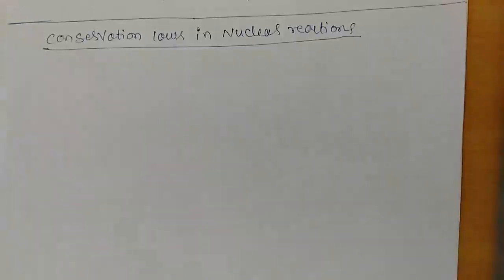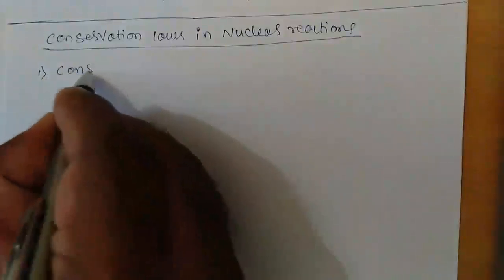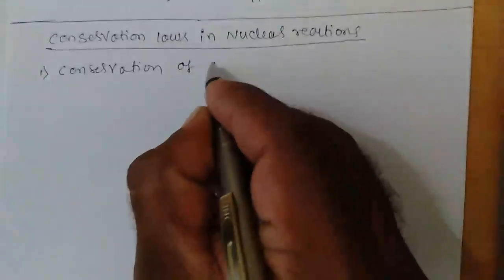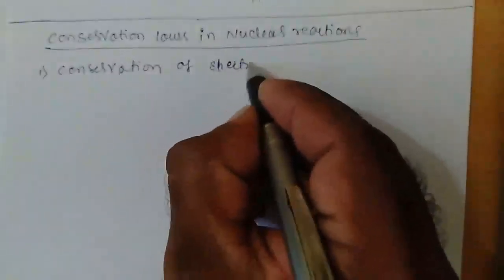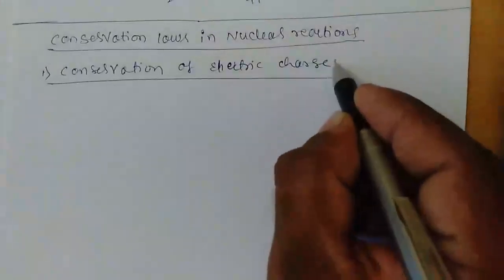So what are the physical quantities that are to be conserved? The first one is the conservation of electric charge, or just conservation of charge.